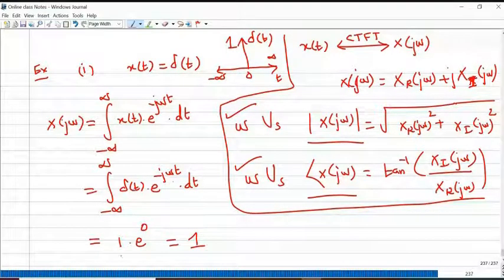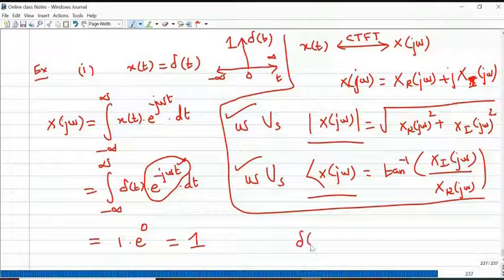Okay, 1. So here this t is there, this t also is replaced by 0. We have to check when the del function becomes 1. At what t value does this del function become 1? In this example, at t equal to 0, del of 0 becomes 1. So in e power minus j omega t, this t also is replaced by 0, e power 0 is 1.